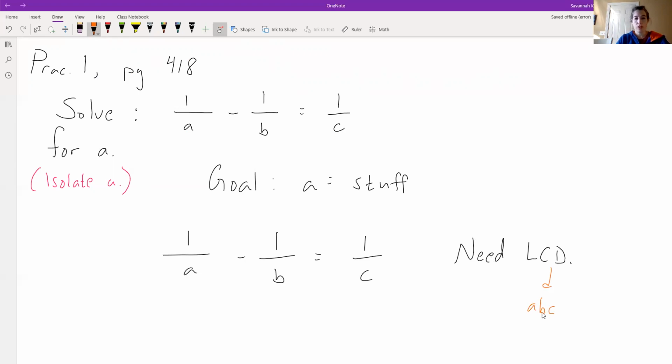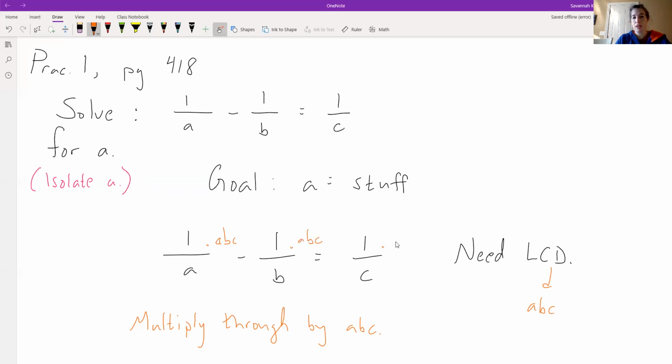So what we're going to do is, as we would have done last class, last recording, we want to multiply through by our LCD, because multiplying through by the LCD always cancels out any individual denominator.